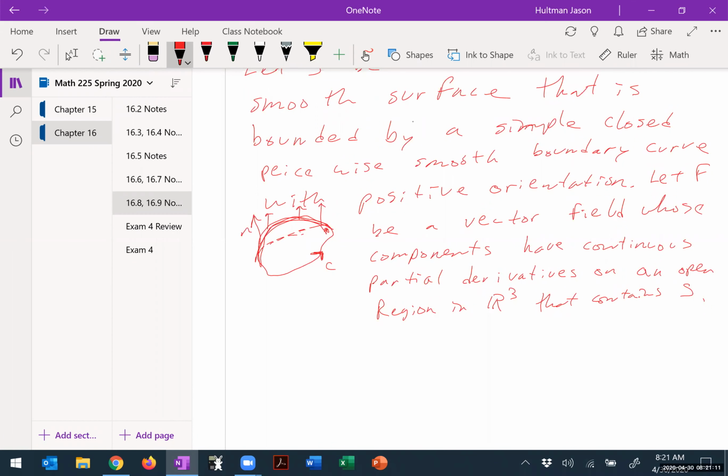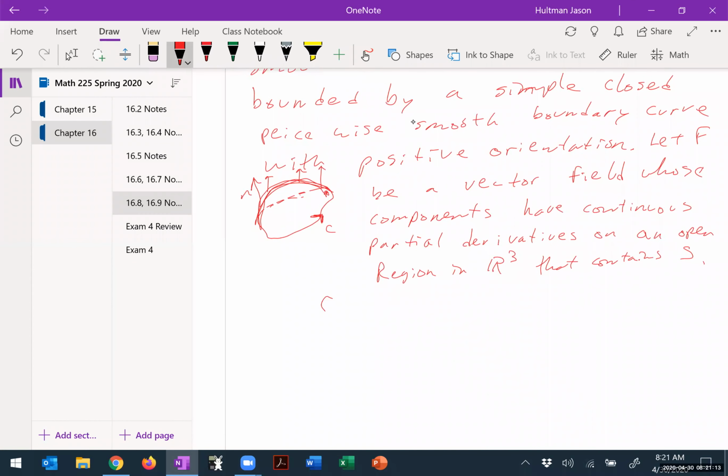then Stokes' theorem says that we can change interchangeably the line integral that's going around the surface with the double integral of the curl of F dot dS.